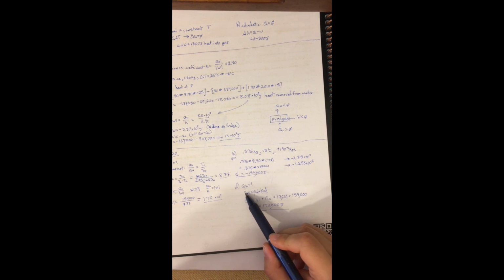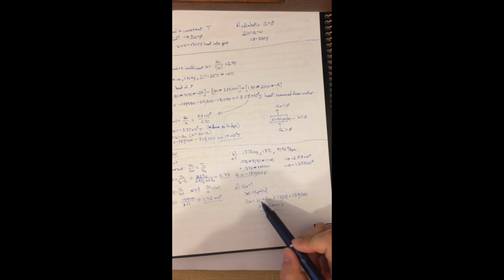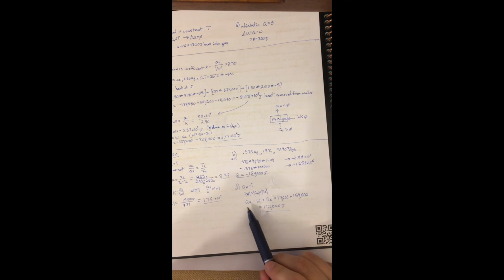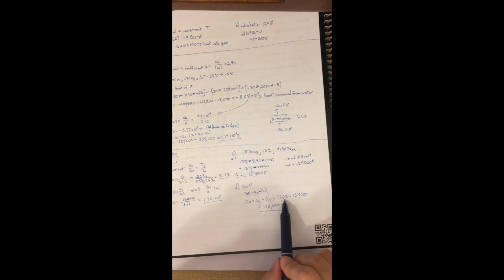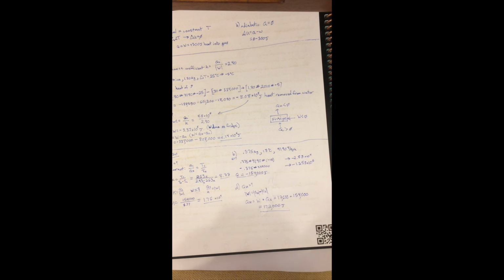So you have absolute value of W equals QH minus QC. If you rearrange that, QH equals W plus QC, this plus that, which we calculated up here. So the heat expelled is 172,000 joules.